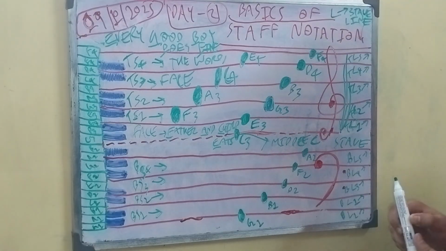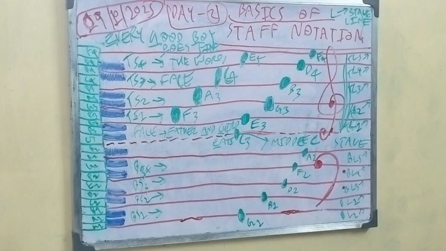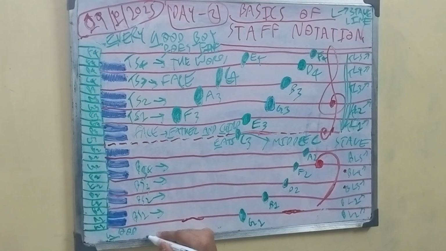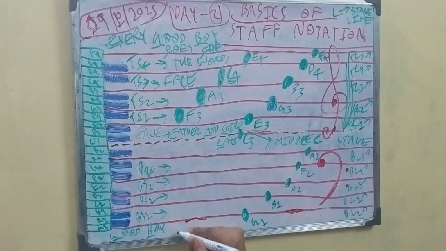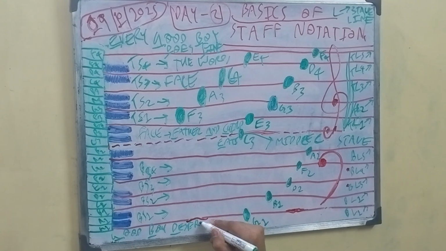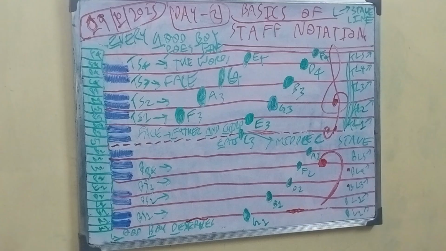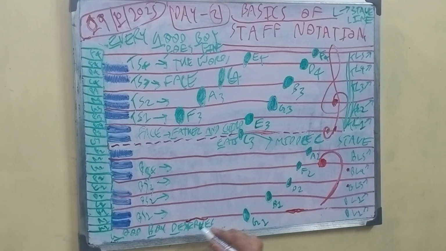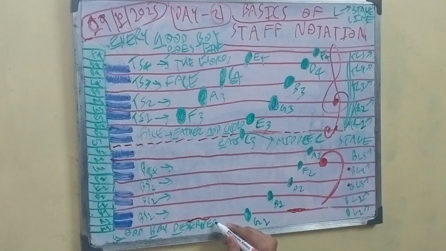There is an acronym. Let me write that. G for good, B for boy, D for deserves. And there is an item of chocolate, the name of that item is fudge. You get it in Myanmar, in some snack shops.